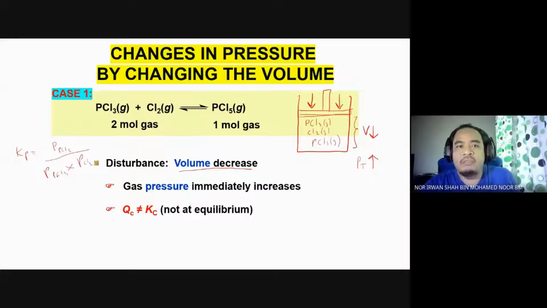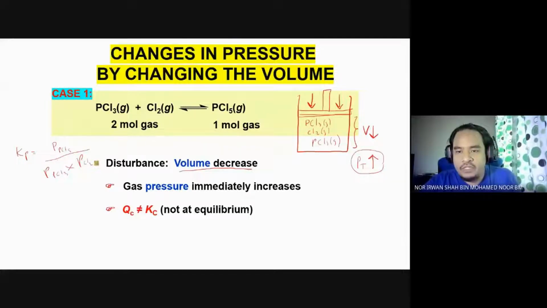Remember the Kp expression for this system. If we decrease the volume, the total pressure increases, and not just the total pressure: the individual partial pressures of each of the three gases also increase. Why? Because, class, let's take PCl5 for example.